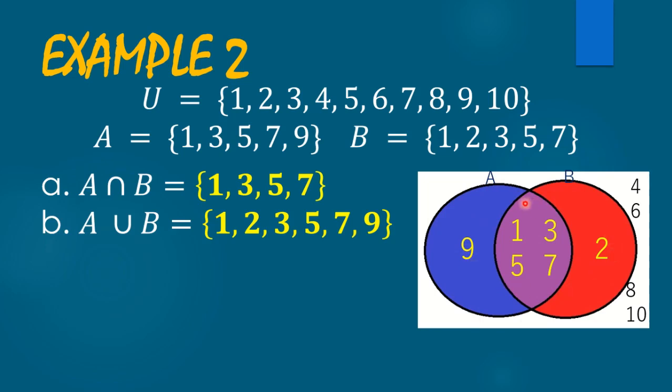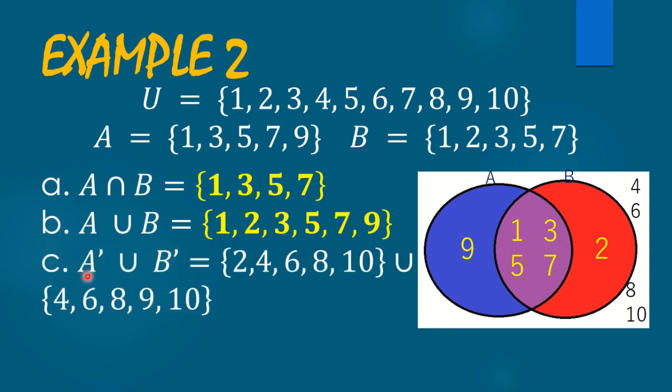So from here, we can have 1, 2, 3, 5, 7, and 9. So again, the A union B is equal to 1, 2, 3, 5, 7, 9.